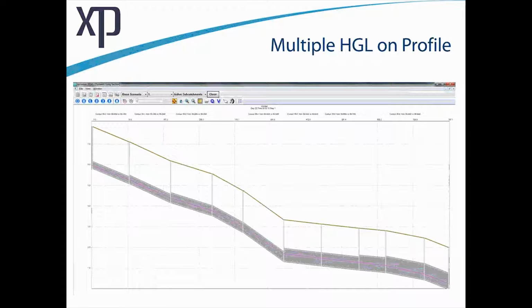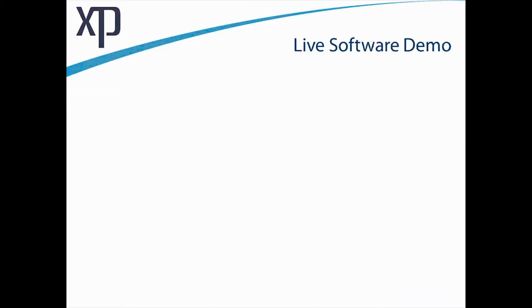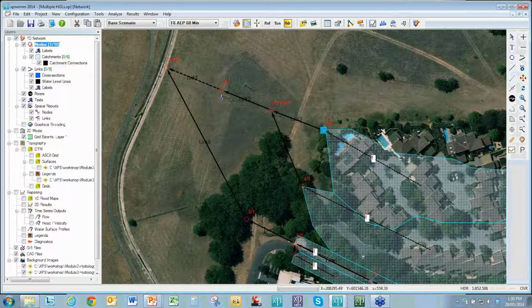So previously we had the ability to view one profile view, one hydraulic grade line, and now it's possible to view multiple hydraulic grade lines. And I've got an example again to show you this in the software. And here we've got a model which has been run with global storms.